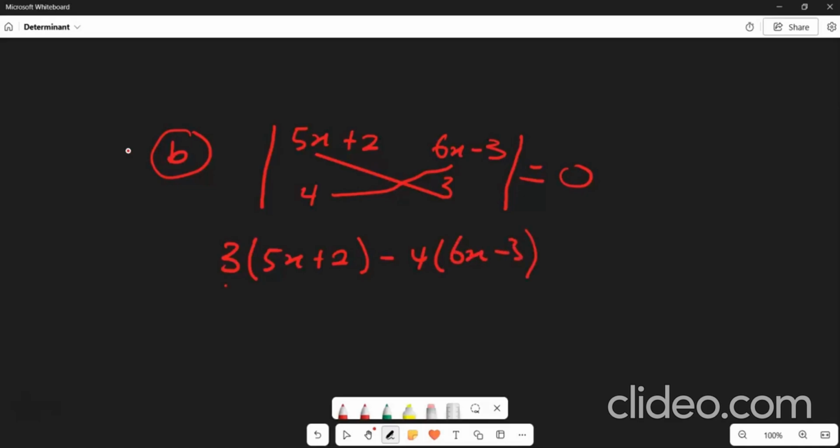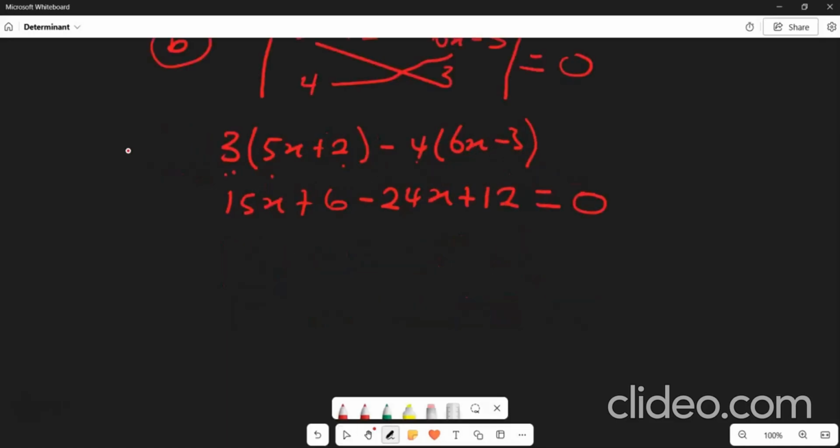So 3 times 5x is 15x, 3 times 2 is plus 6, minus 4 times 6x, that's minus 24x, minus 4 times negative 3, plus 12, equal to 0.